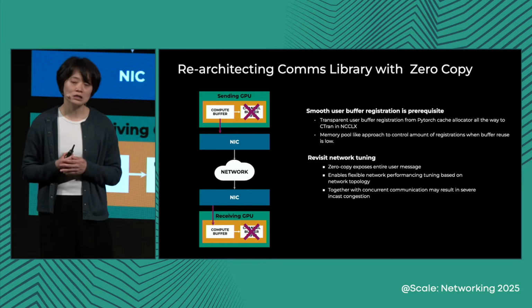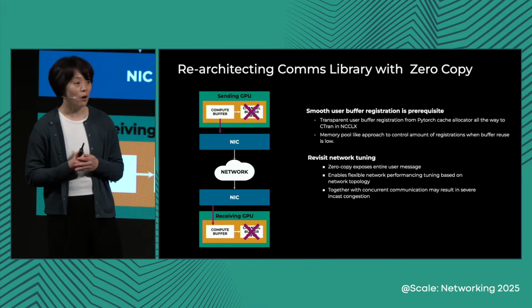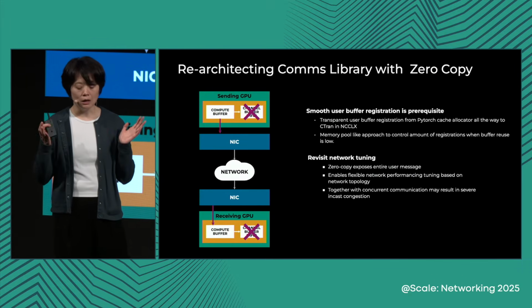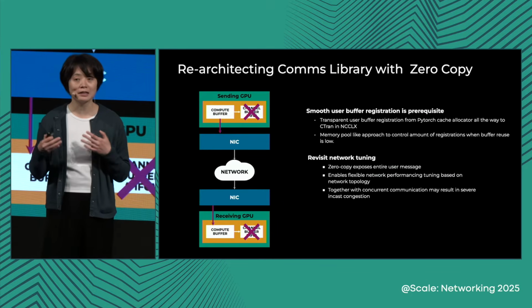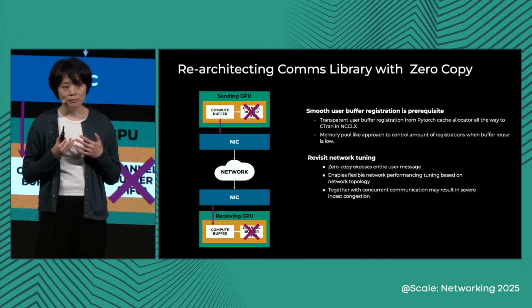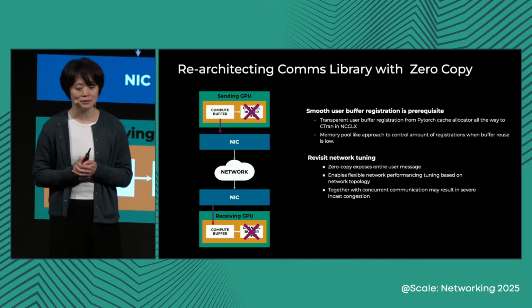However, in some cases, we do see the reuse is not desired, so we also provide the option for a memory pool style approach to restrict the number of buffers that are used for collectives and thus need to be registered to the network. This way, we could involve zero copy communication to give us good performance without adding any visible registration cost.